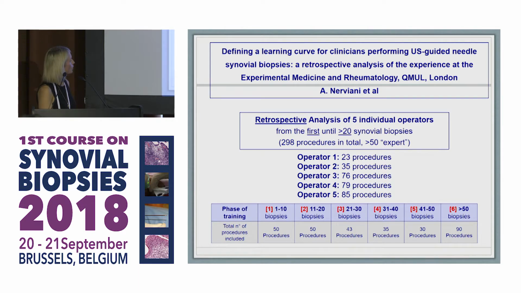And what Alessandra has looked at is the 298 procedures that were performed in our department by these trainees and compared them to 2 experts within our department who have been doing biopsies for a number of years. And again, Lauren's going to present this data in the context of a collaborative effort through the European Synovitis group.